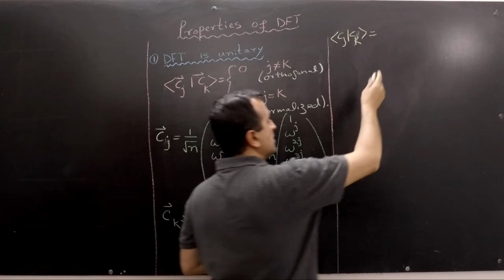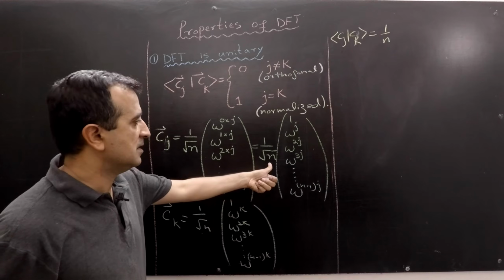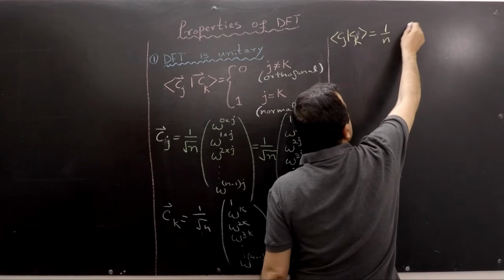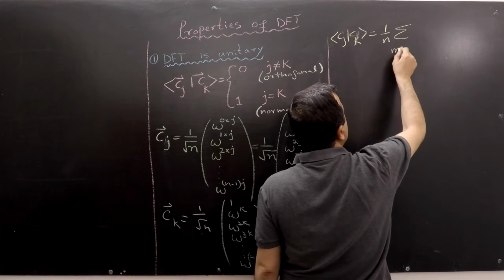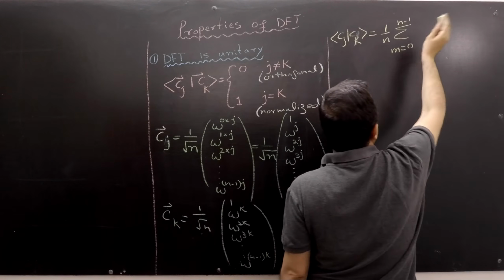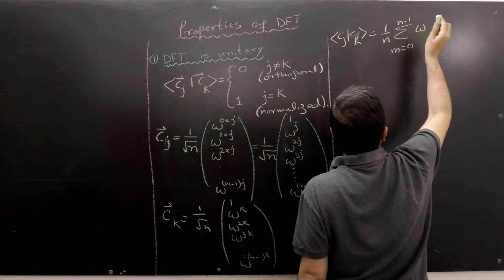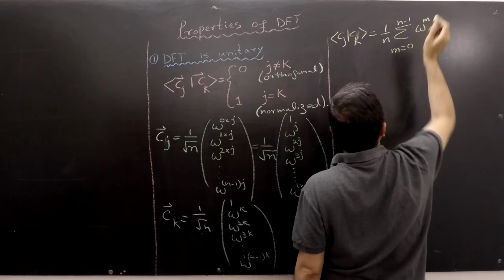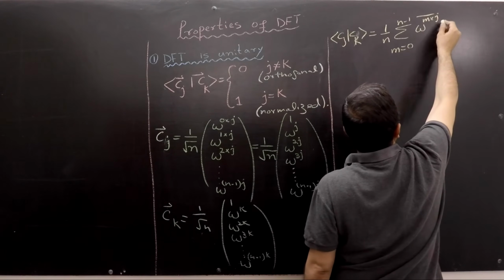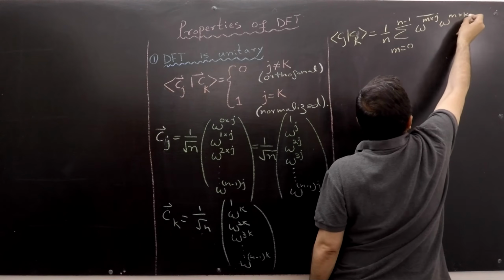So our result will be equal to 1 over n, because when we multiply 1 over square root of n with 1 over square root of n, we get 1 over n, summation, let's say m is equal to 0 to n minus 1, of omega raised to power m times j, conjugate, times omega raised to power m times k.